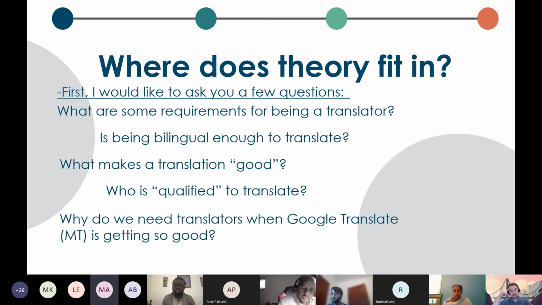Google Translate is getting better, and most people who have used it have probably noticed that machine translation is in fact getting better. But nonetheless, in many sectors of translation, Google Translate would never be appropriate to use. I would, of course, say that Google Translate mostly is not appropriate to use.